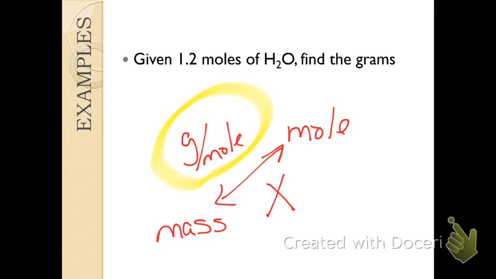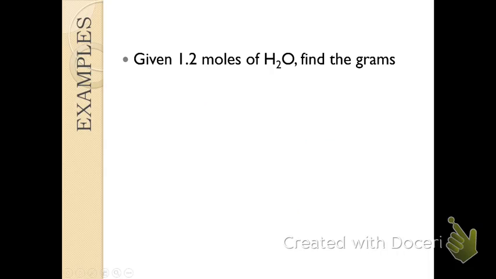So I'm going to take the 1.2 and multiply it by the molar mass of water. So let's see what happens. 1.2 times 18. So clear your calculator. You don't even really need parentheses, but 1.2 times 18. Press the equal sign.